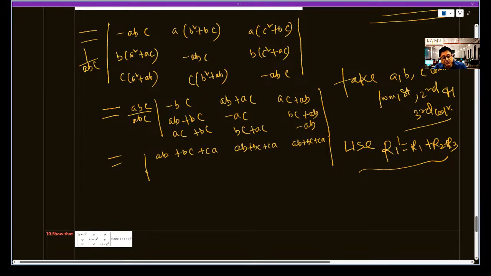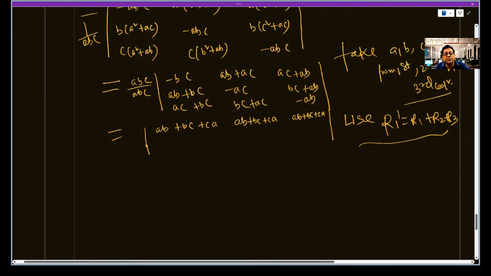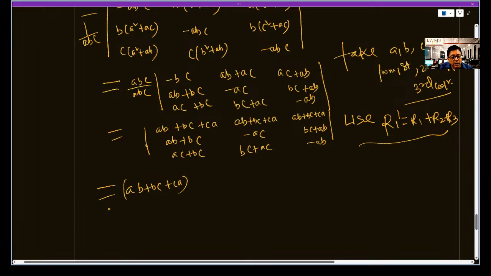And from first row, you take AB plus BC plus CA common. So this will be 1, 1, 1.